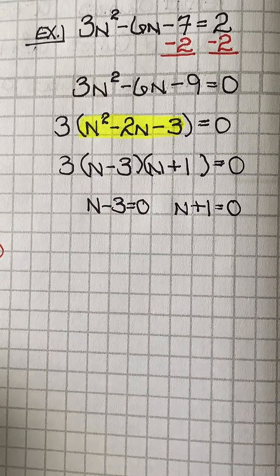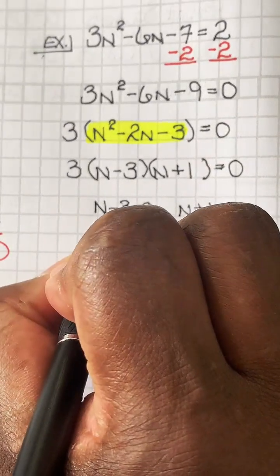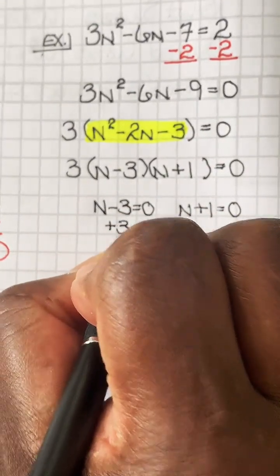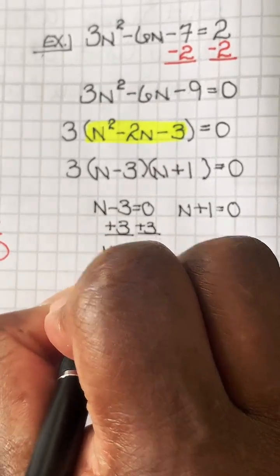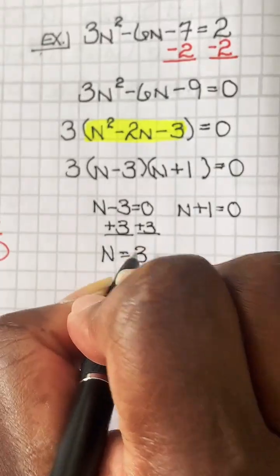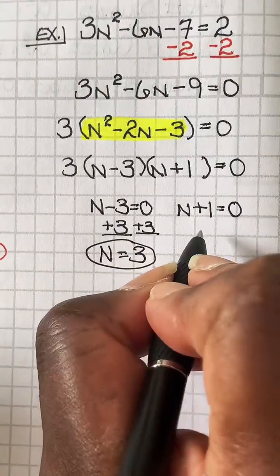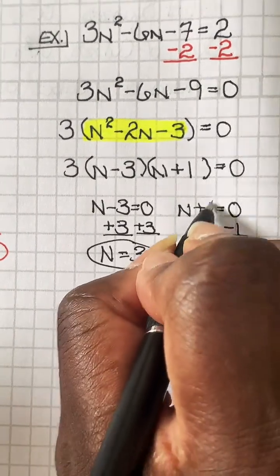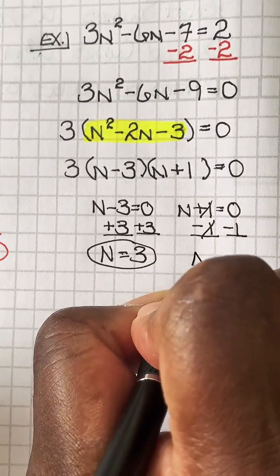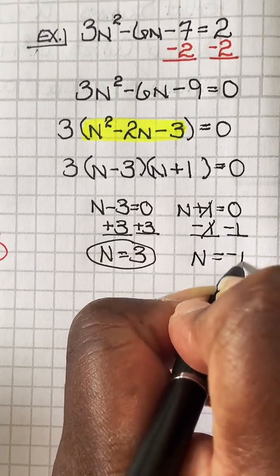So our final answers will be, we're going to add 3 on both sides here, so my n equals 3. And we're going to subtract 1 on both sides here. So we have n is equal to negative 1.